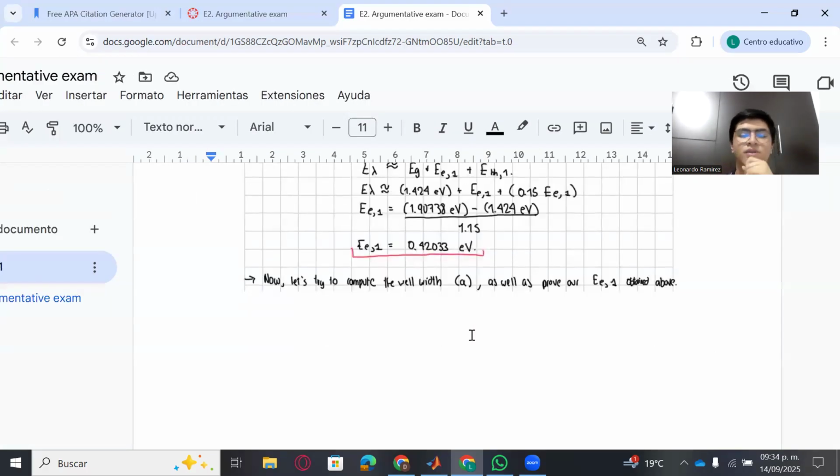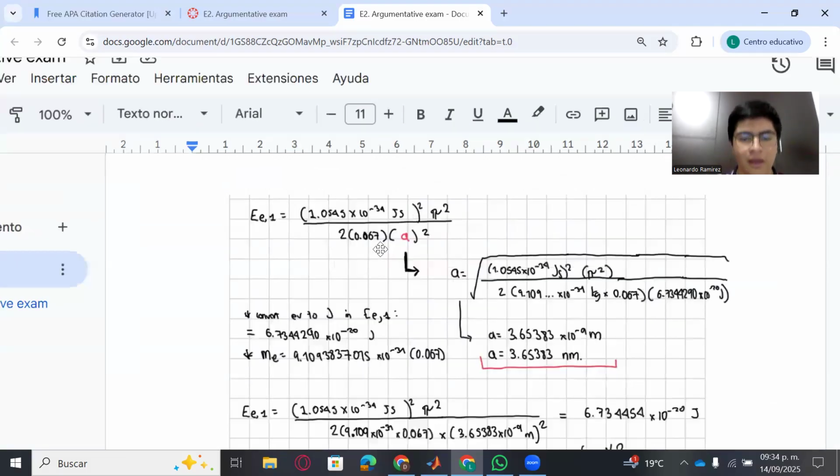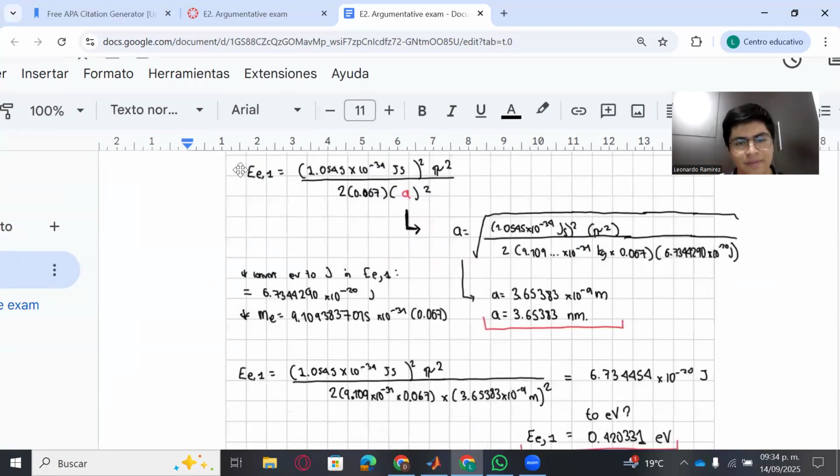Now, let's try to compute the well width A, which is one of the main things we have to get. And also we can prove this value in the analytical approach, which was what we were saying just a second ago. So here we have this with the values already plugged in.